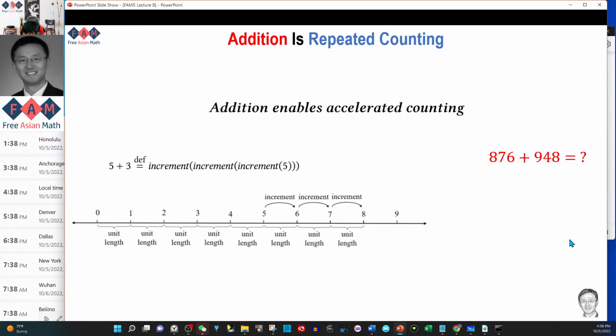We already saw that we can do vertical addition like this. It's important to understand that when we do vertical addition, all we need to remember is how to perform single digit addition: from 1 plus 1, 1 plus 2, 1 plus 3, all the way to 1 plus 9, then 2 plus 2, 2 plus 3, all the way to 2 plus 9, and then 3 plus 3, and so on. We have in total 45 such facts.